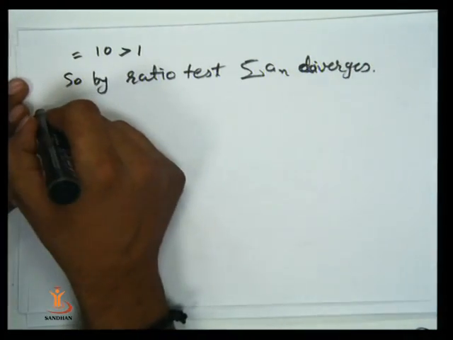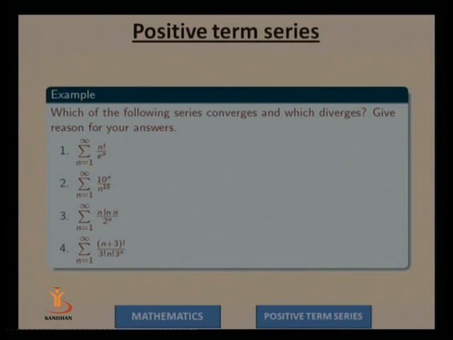Now let us take the third example. The third example is the summation from n equals 1 to infinity of n ln n upon 2 raised to n.